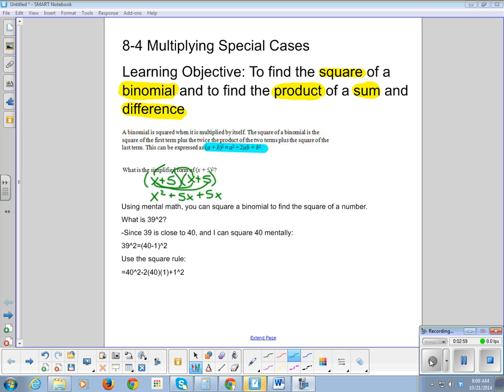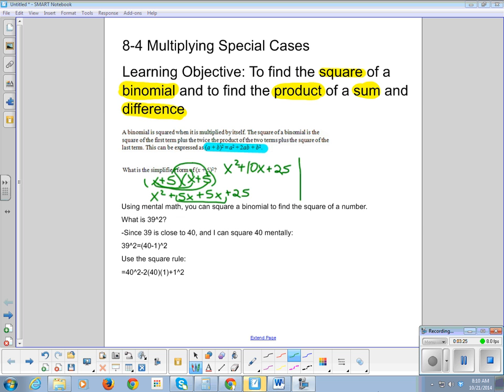And then the last, 5 times 5 is 25. Then you combine like terms, and you get x squared plus 10x plus 25.